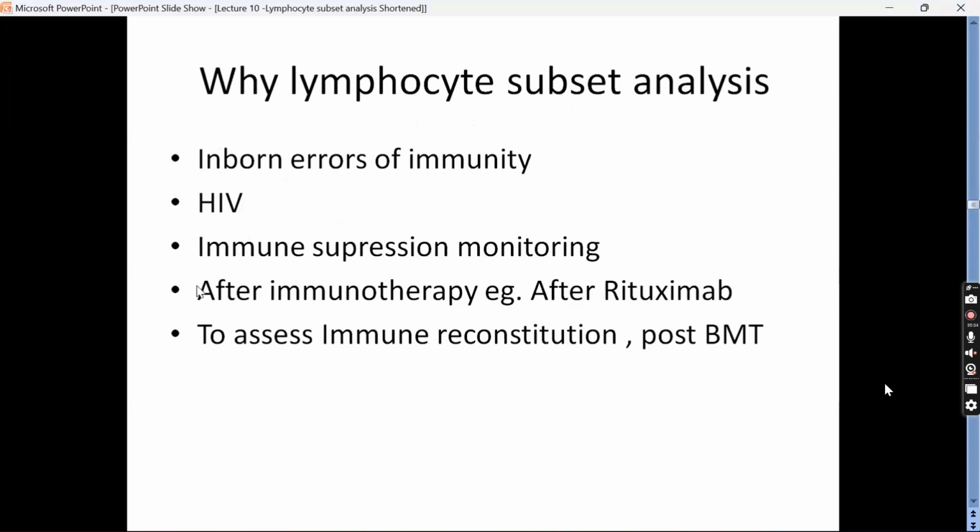And fourth, if, for example, a patient has been put on rituximab, you know what rituximab is, right? Rituximab is an anti-CD20 monoclonal antibody therapy, basically to limit the B cells. These patients have problems because of B cells, so they put the patient on rituximab so that it will eliminate all the B cells, and in such a way the immunoglobulins are not secreted.